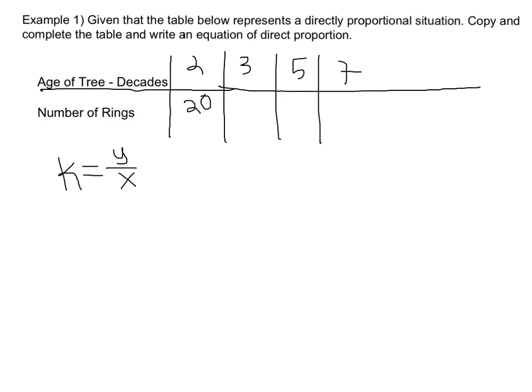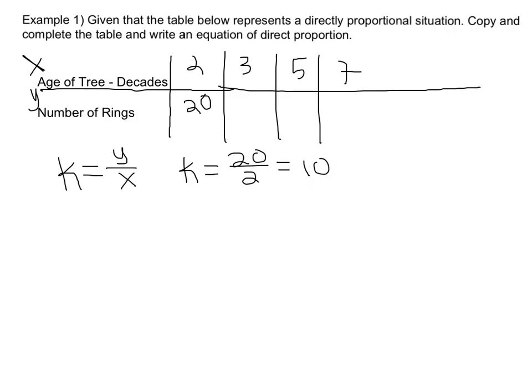So for this problem, the age of the tree is going to be our x value, and the number of rings is going to be the y value. So in order for me to find my constant of direct variation, I'm going to put my number of rings over the age of the tree in decades. So for this problem, k will equal 20 over 2, which then simplifies to 10. The constant of direct variation in this case will be 10.